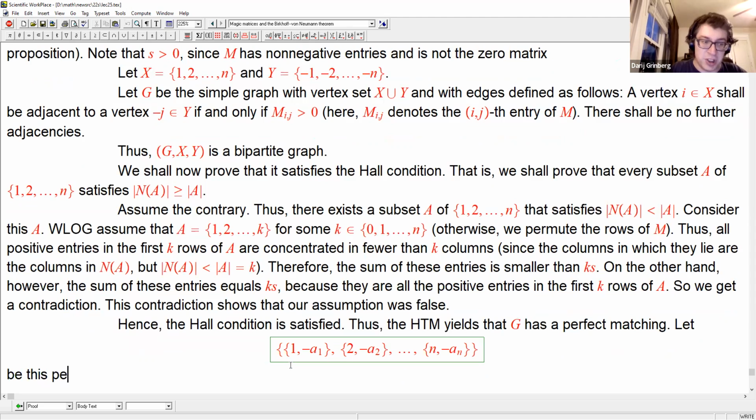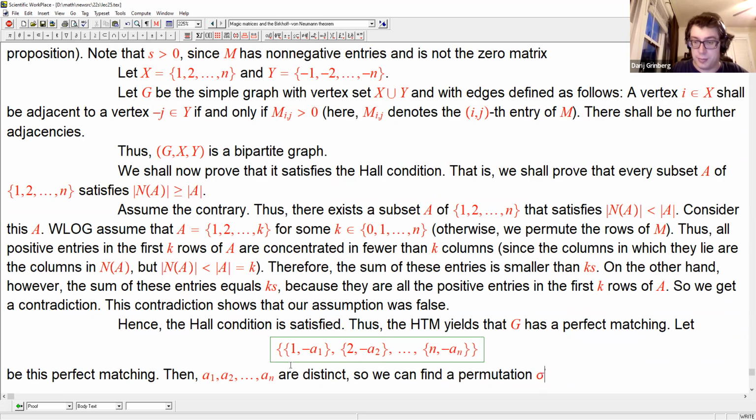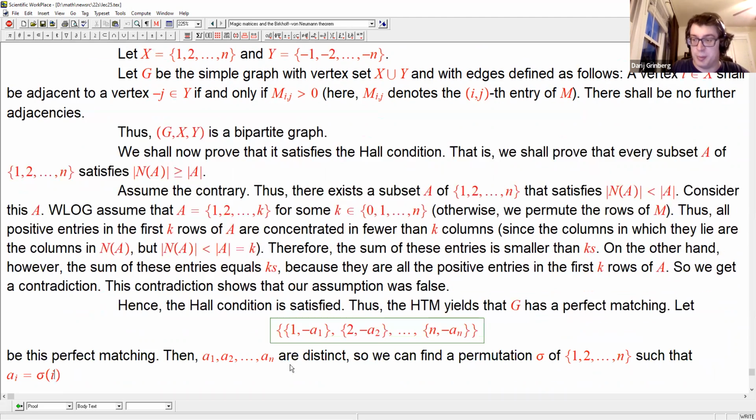Then the a's are distinct because it's a matching. So we can find a permutation sigma of 1 up to n such that the a's are the sigma(i)'s. And this permutation sigma then satisfies M_i,sigma(i) greater than 0 for all i, which is what we wanted.